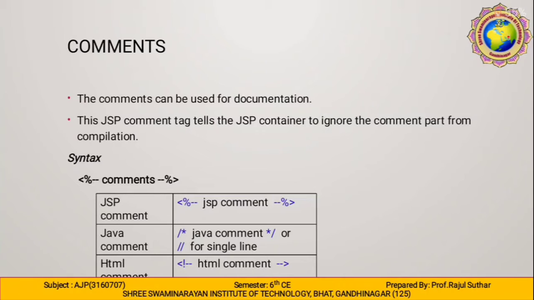Here is the syntax of a JSP comment: less than percentage, then double dash, is used to create a simple JSP comment. You can use Java comments like slash star star slash, or double slash for a single line, or you can use a simple HTML comment like less than exclamation sign, dash dash, HTML comment, dash dash, greater than sign.